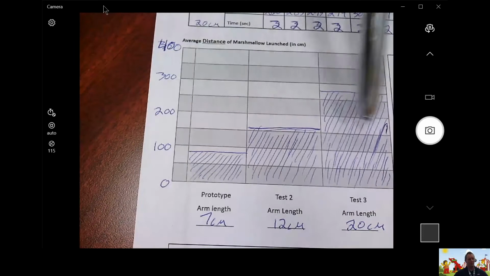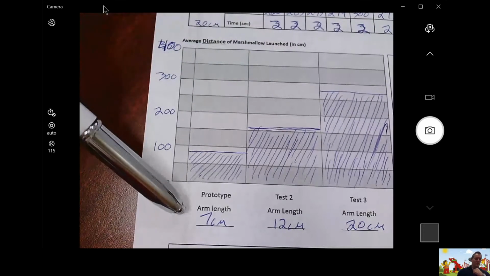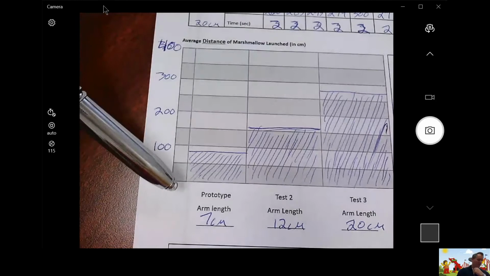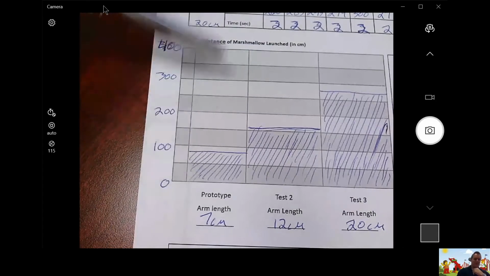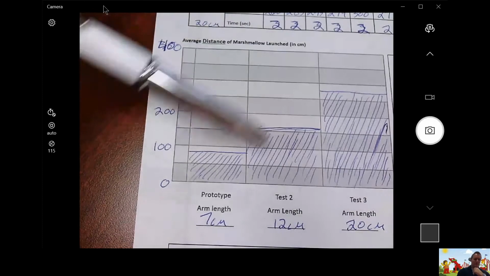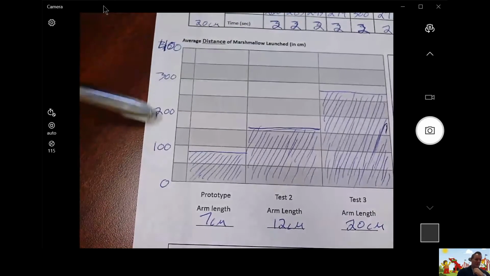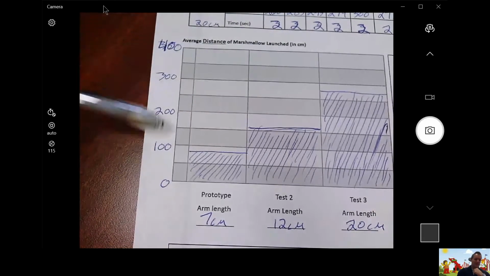Notice you only do the averages. So for my short launch arm, my average was 90, so I made my graph just below 100. And notice I used the whole space. So you really want to think about your interval and how you space out your scale here.